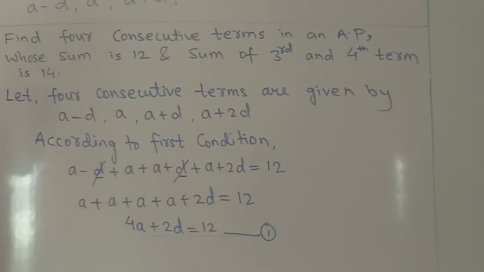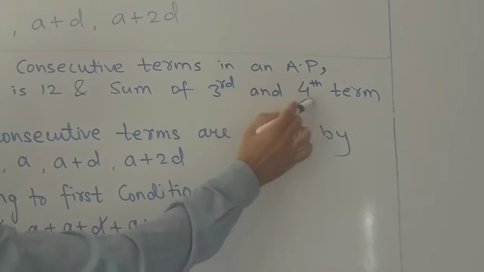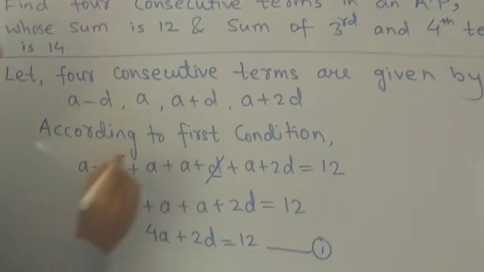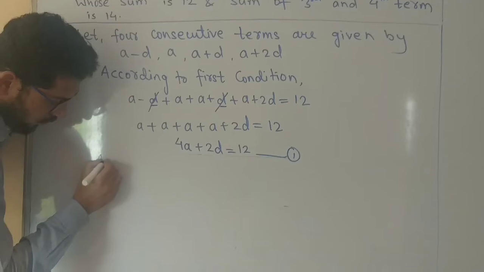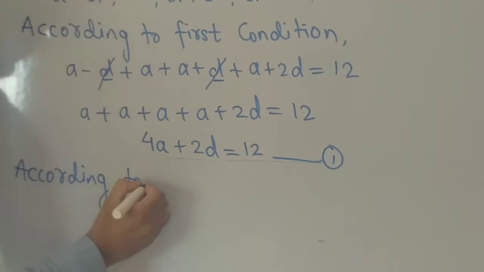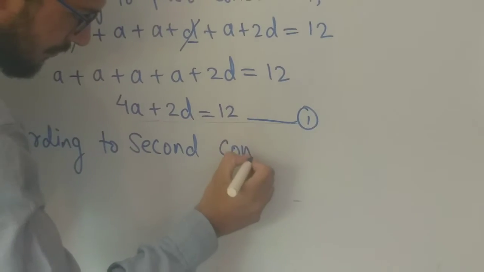Now we are using the second condition. What is the second condition here? The sum of the third and fourth term is 14. This is your question here. Now we'll write according to the second condition.